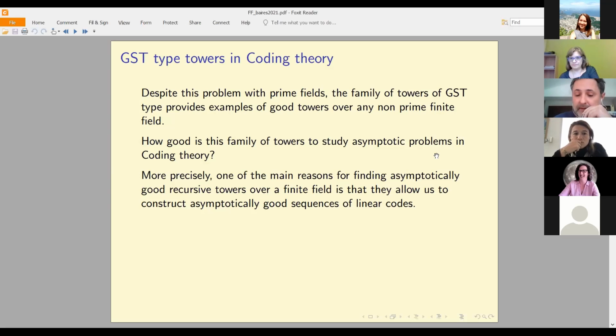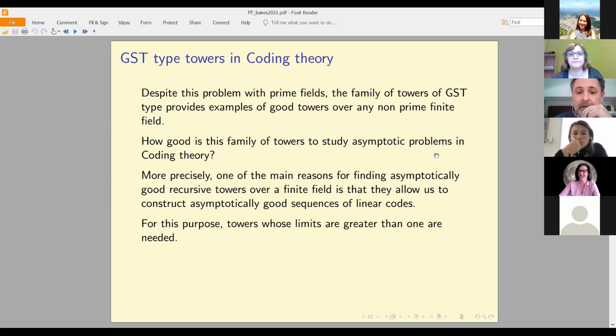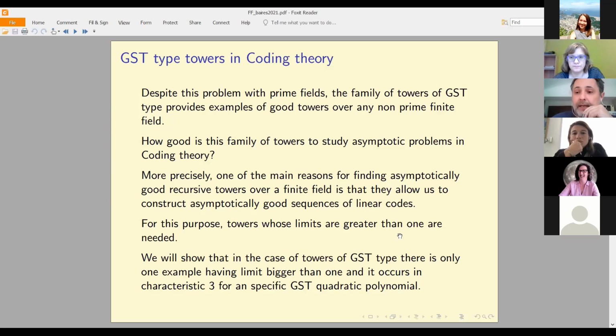But in order to use a tower to produce an asymptotically good family of codes, you need the limit of the tower to be greater than 1. So we want to show now that in the family of towers defined by Garcia, Stichtenoth, and Thomas, there is only one example with limit bigger than 1.